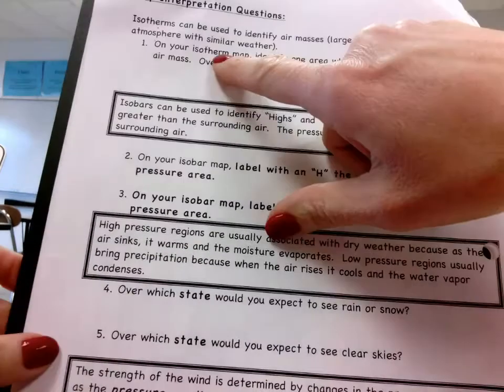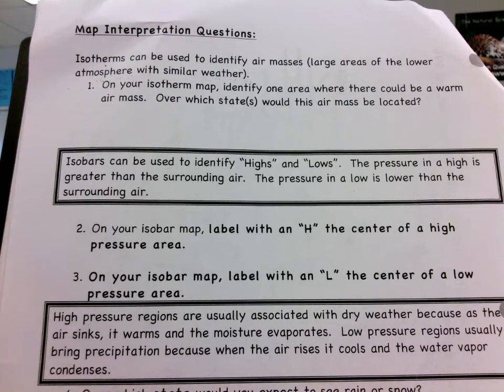So if we look at these questions here, the first one, identify on our isotherm map. So where it says isotherms, what we have to remember about isotherms is that warm air masses, hang on while I adjust our camera, sorry if you're getting a little motion sick. Love you, Bergman. Okay. Where would there be a warm air mass?